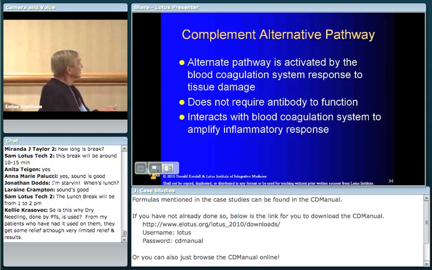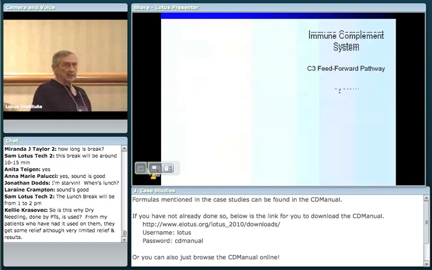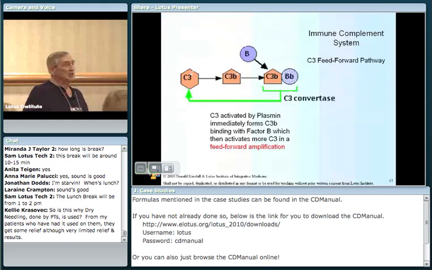Then it goes through C1 to 2 and 4, and an enzyme eventually to C3. Then C3 has an amplification loop, an unstable feed-forward amplification loop, that amplifies the response by 1,000,000 to 1 or something. So you get this little tissue damage, and all of a sudden the immune response is amplified. So you get a big response in the body.